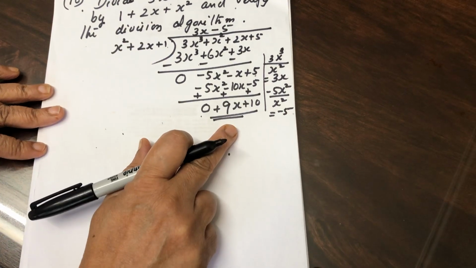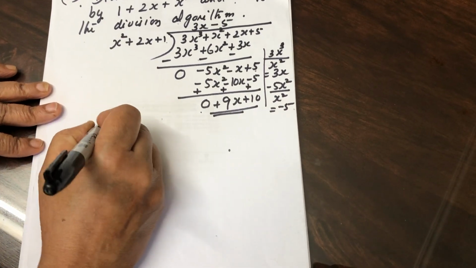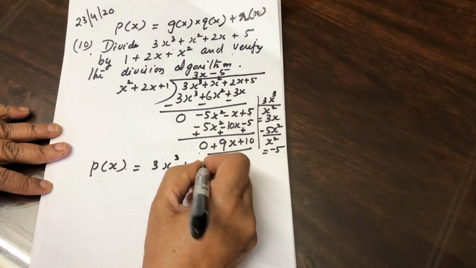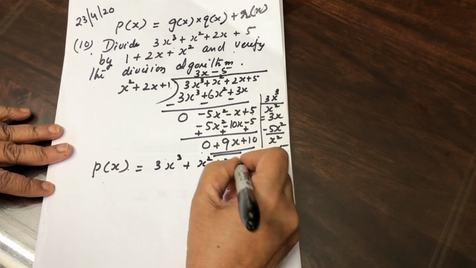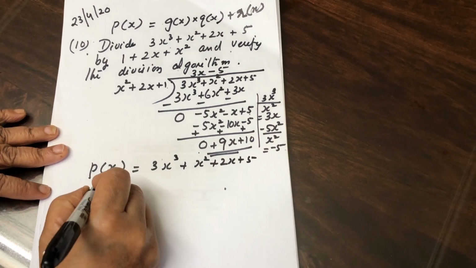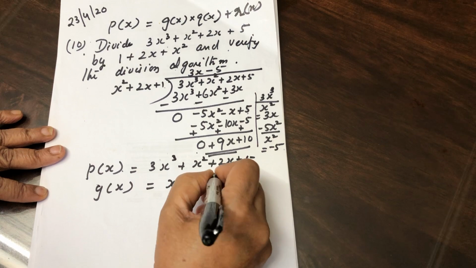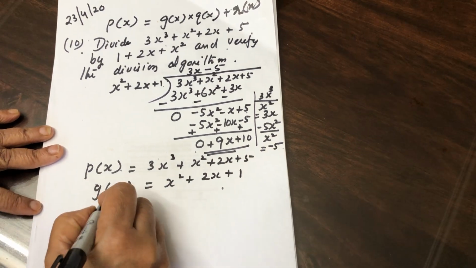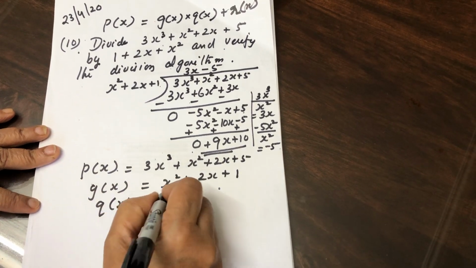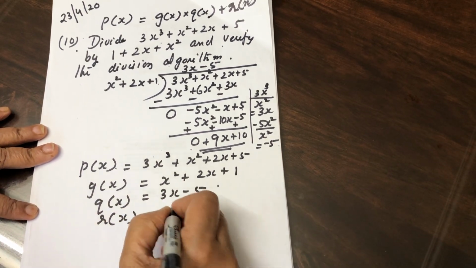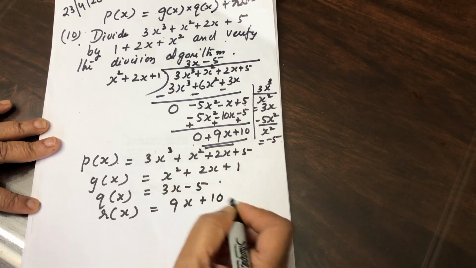Our polynomial p(x) is 3x³ + x² + 2x + 5 and g(x) is x² + 2x + 1. The quotient is 3x − 5. The remainder r(x) is 9x + 10.